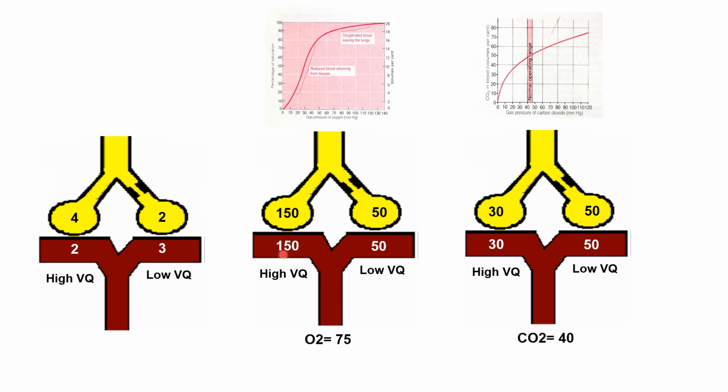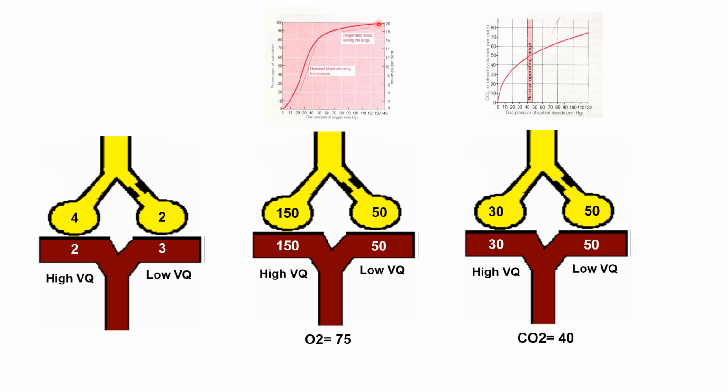And when we try to average this, the hypercapnia cannot compensate for the hypoxemia, and therefore the O2 tension will be below the expected average of 100. Instead, it is 75 because this one cannot fully compensate for this one because the shape of the hemoglobin O2 dissociation curve is sigmoidal.